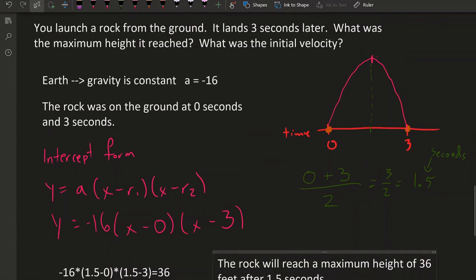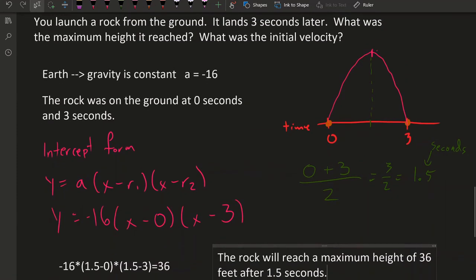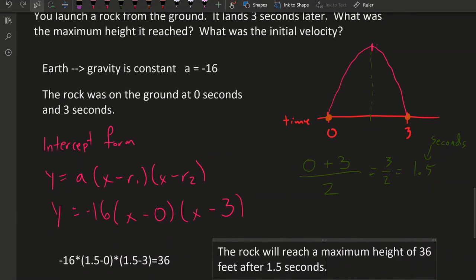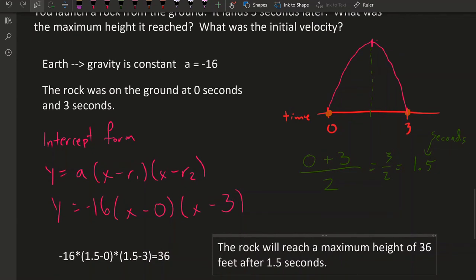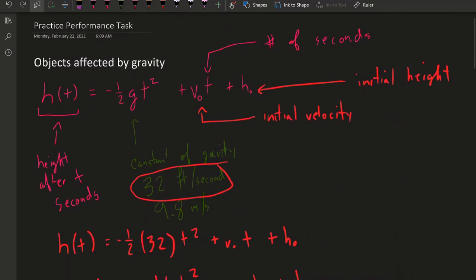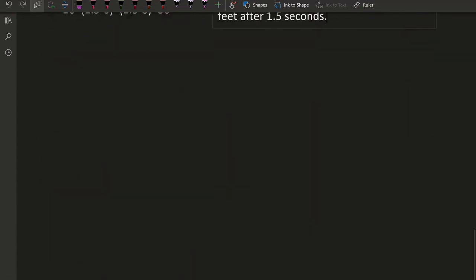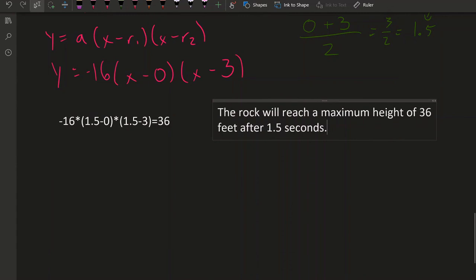Now, the follow-up question to this was, what was the initial velocity? So, in order to find the initial velocity, I have to get this equation back into this form right here so I can see what the initial velocity is. And that's simple enough because all I have to do is some multiplication. So I've got y is equal to negative 16 x minus 0 x minus 3.